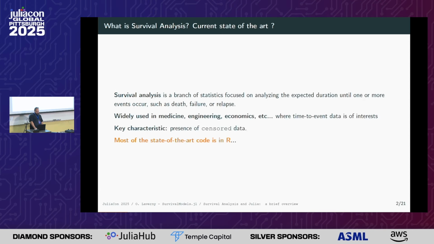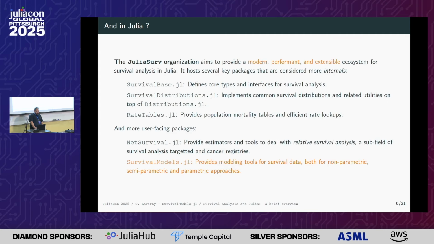The first time, we went for NetSurvival.jl, which implements some niche of survival analysis, with the hope that people in that niche would be able to move more easily than others. And that worked a bit more. We attacked a very specific point, and this worked and we had people move. But here we are trying to give them the general environment that they need, and so it's harder, right? There is more stuff to do.